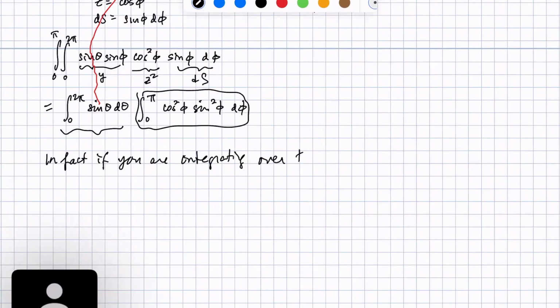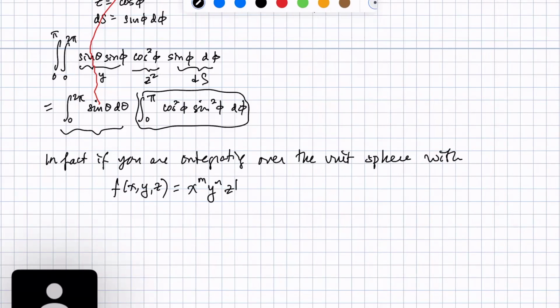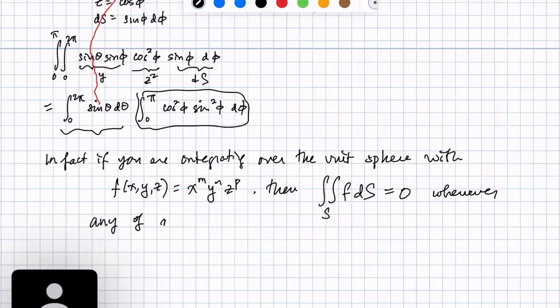In fact, if you're integrating over the unit sphere, with f of x, y, z equal to some power of x, some power of y, and some power of z, that is x to the m, y to the n, z to the p, then the double integral over the sphere is going to be 0 whenever any of m, n, or p is odd.